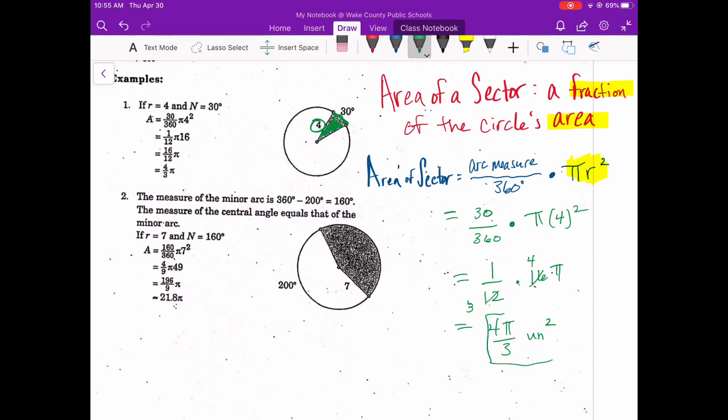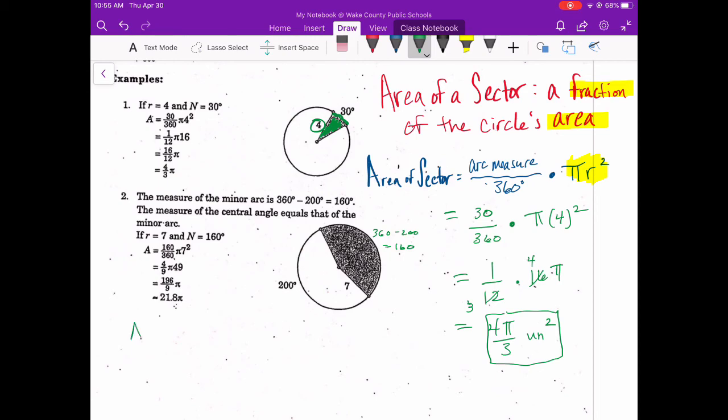So again, units are squared because we're talking about area. Area of a sector is the fraction of a circle's area. We could do the second example. Got to do a little bit of subtraction. 360 minus the 200, that's already there, and you get 160.